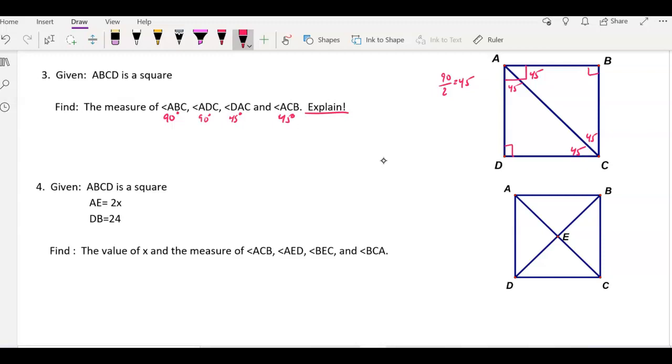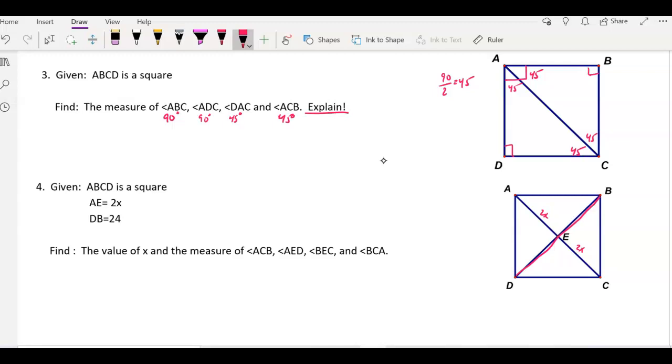In the next one, they tell you AE is 2x, and they tell you DB is 24. Okay, well, think about it. In a square, diagonals bisect each other, so these pieces are both 2x.